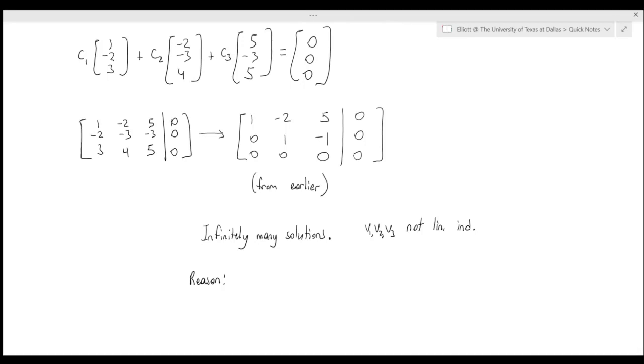Now let's recall why is it that we have infinitely many solutions right now. If I were to write out the corresponding system of equations, so here we have the equation like 1c1 minus 2c2 plus 5c3 equal to 0. Then we also have c2 minus c3 equal to 0.